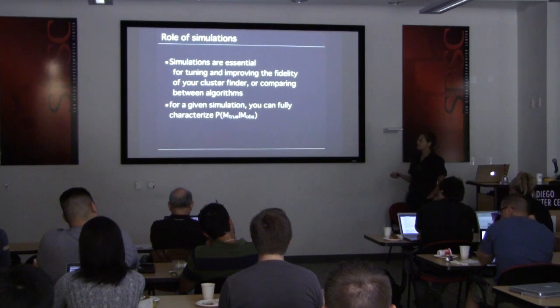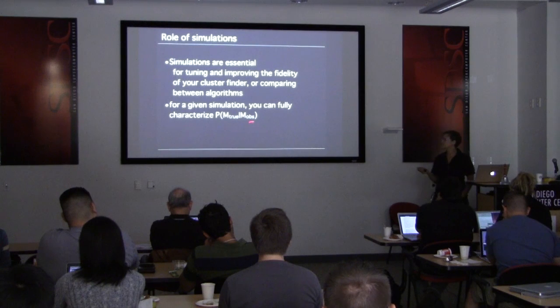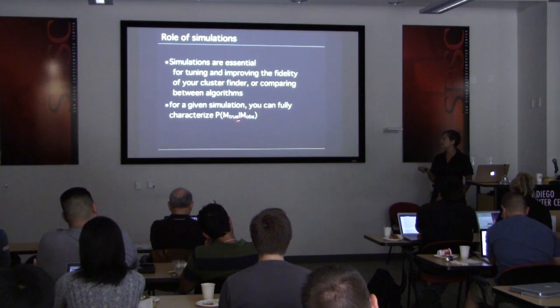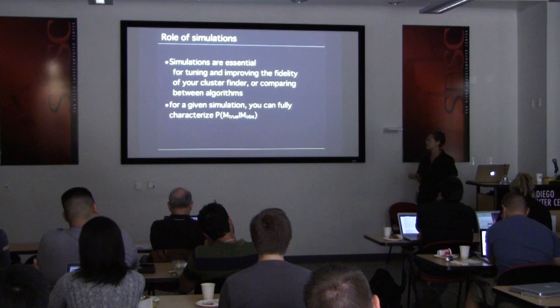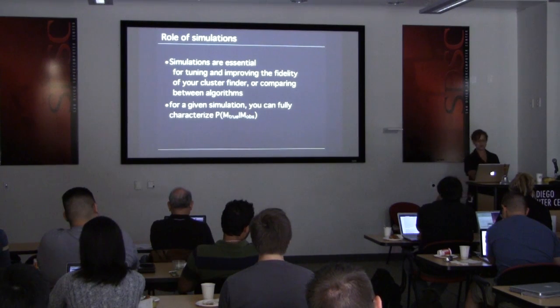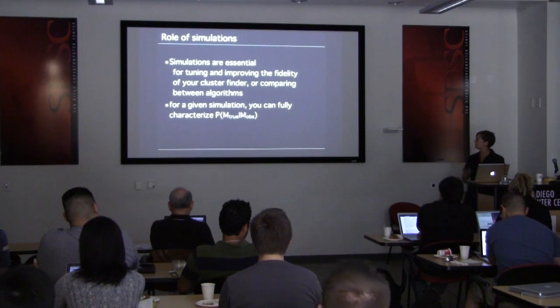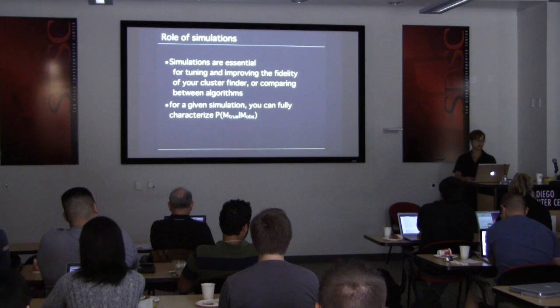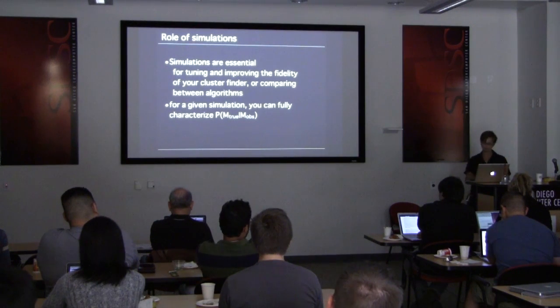And the simulations have been really essential in that process because we have some method of knowing what is the distribution of the true mass in the context of a given cosmological simulation. And that doesn't mean it's what it looks like in the universe, but it does allow you to improve things.